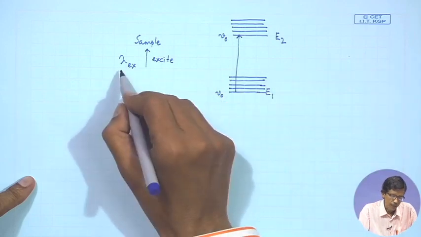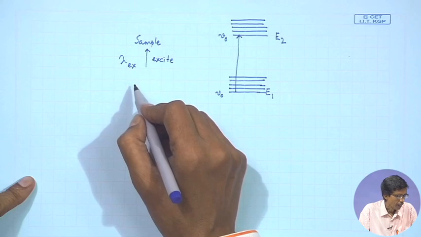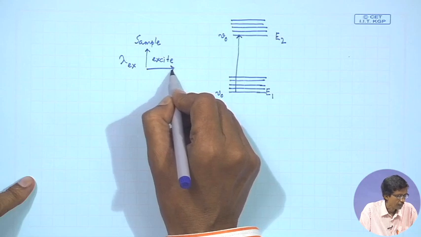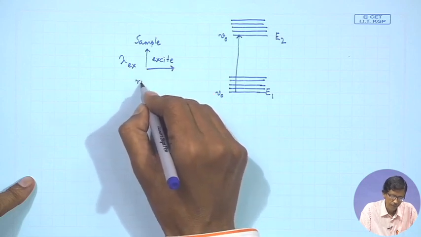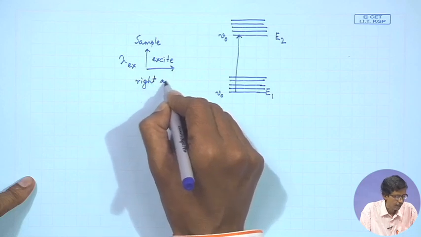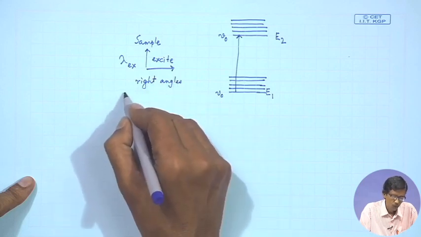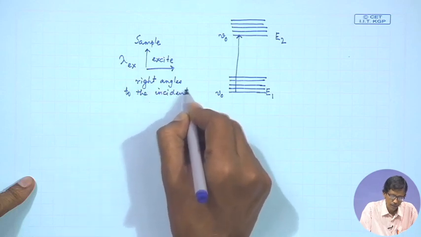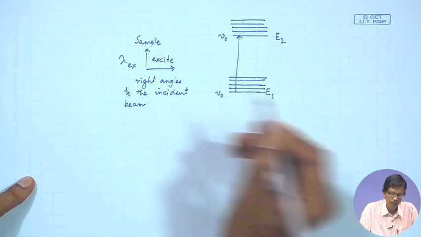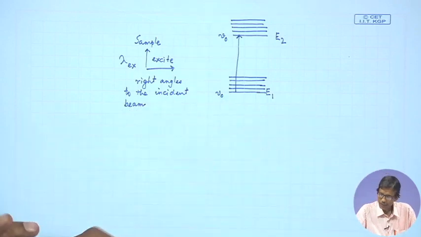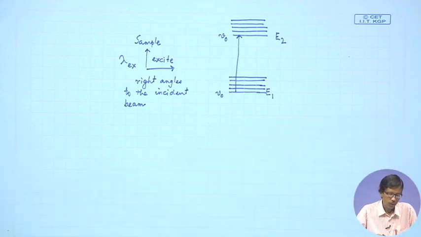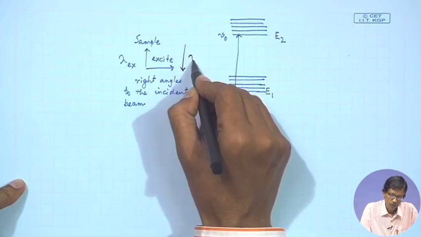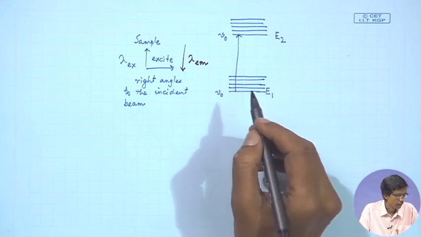Then we measure the emission basically at right angles to the incident beam. This measurement gives us the corresponding emission pattern, which is lambda Em.